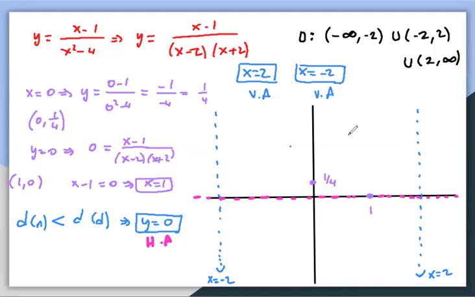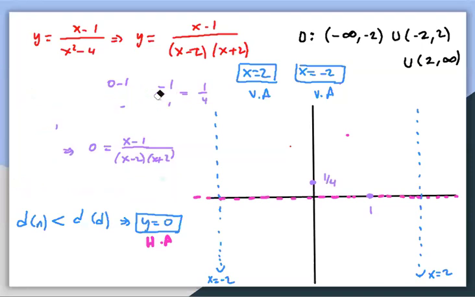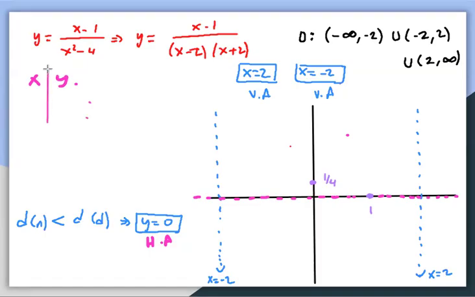Since I don't really have space right here, I'm going to clean this part so I can make my table. Okay, so these are my info, the vertical lines. So let's make a table. If this is X and this is Y, okay, then I'll see.